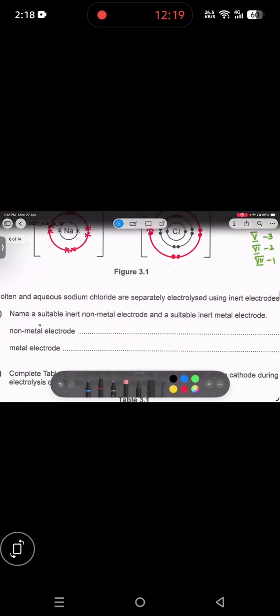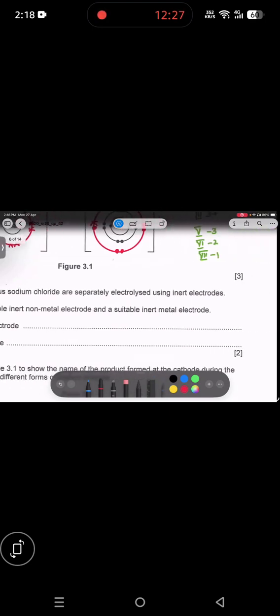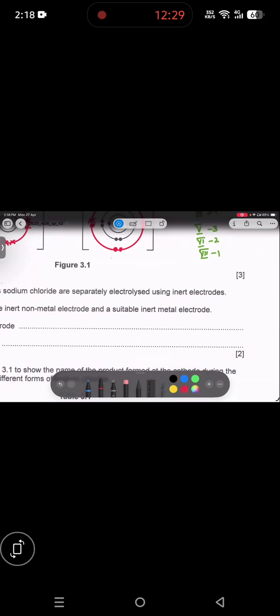Now molten and aqueous sodium chloride are separately electrolyzed using an inert electrode. An inert electrode is one which does not react with the solution, meaning the electrolyte. The inert electrode is used in the extraction of metals, which I have already shown to you.